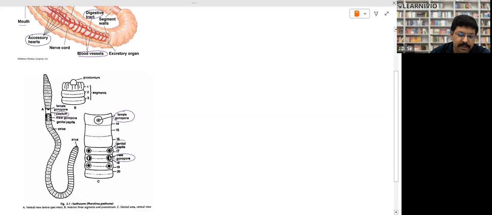Genital papilla, a penis-like structure, is found in the 17th segment. So segments are also given, and this thick structure is called clitellum. All these organs are present around the clitellum. Its mouth has a cap-like structure protruding over it. The first segment of the mouth is called prostomium, right?